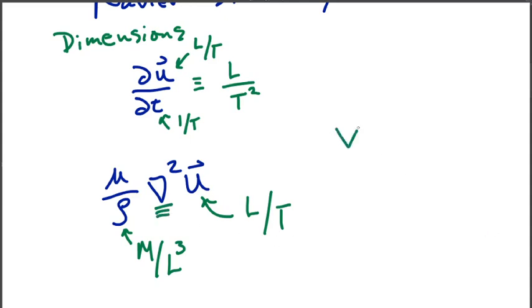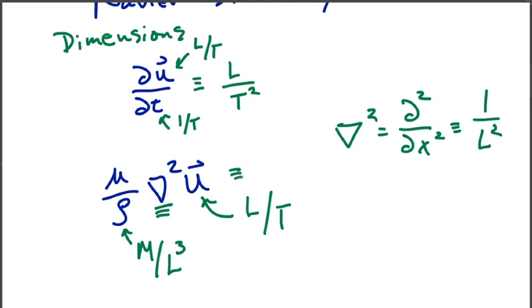Well, a Laplacian is a d by dx squared in a real sense, so this has units of 1 over length squared. So the combined units of this system are whatever mu over rho's units are, times length to the minus 2 for our Laplacian, and our velocity, which is length over time.